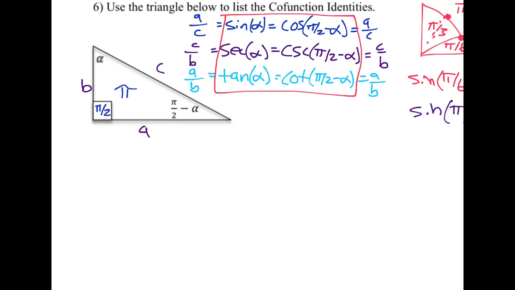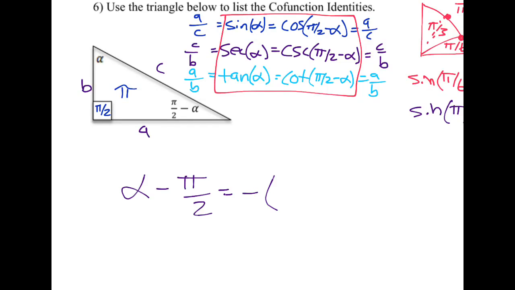Now, there was a typo on your study guide. Your study guide probably says alpha minus pi over 2. And, well, I goofed up in writing that, but think about how that would connect. Alpha minus pi over 2 is the opposite of pi over 2 minus alpha. Think about factoring out the negative.